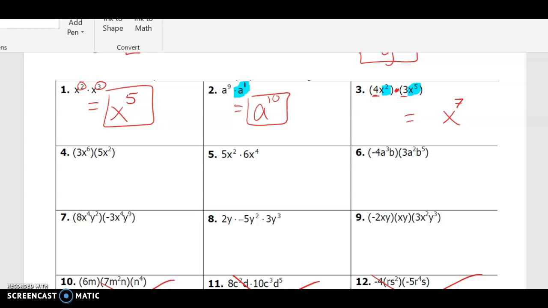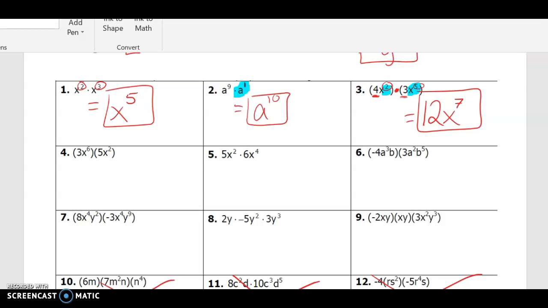So although we add our exponents, we do multiply the numbers out in front if they're there. Here we have a 4 times 3, which would give me 12x to the 7th. Again, you multiply the numbers out in front, but you add the exponents.